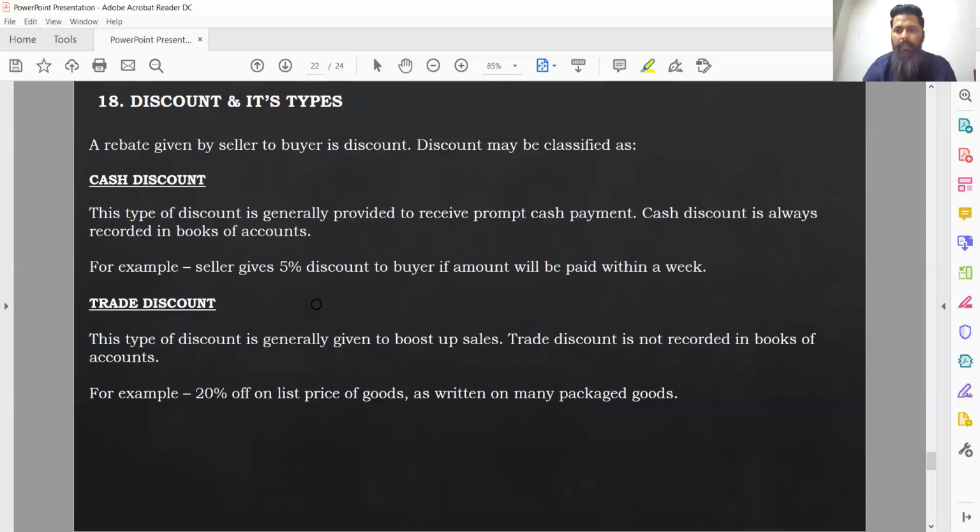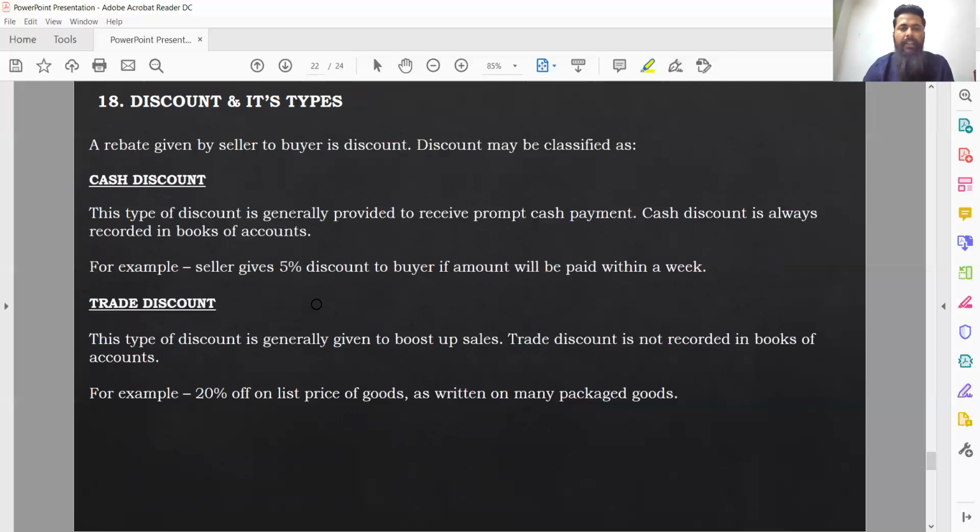Let us understand the meaning of these two discounts by quoting an example which we usually see in our real life. I went to buy some garments. I went to buy a jeans. That jeans cost rupees 2000. After shortlisting and finalizing that jeans, I started bargaining with the seller that I would be paying only 1800 bucks for that jeans.